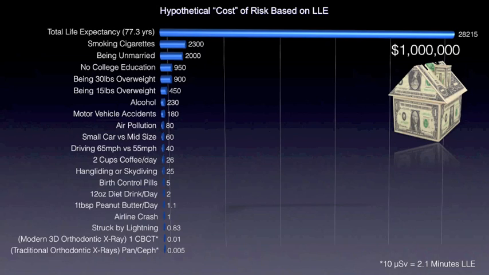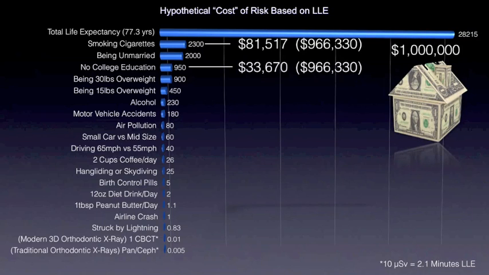On the top line, look at our total life expectancy, which is about 77.3 years. Imagine that life expectancy was a home worth $1 million, and various risks have costs associated with them that decrease the value of our home. For example, if you choose to smoke cigarettes, the risk is going to decrease the value of that $1 million home by about $81,000.